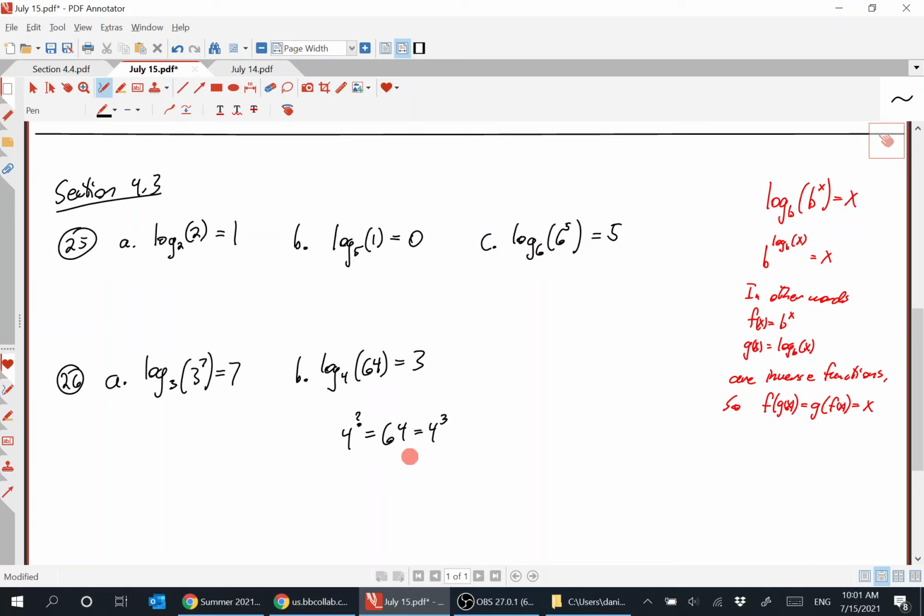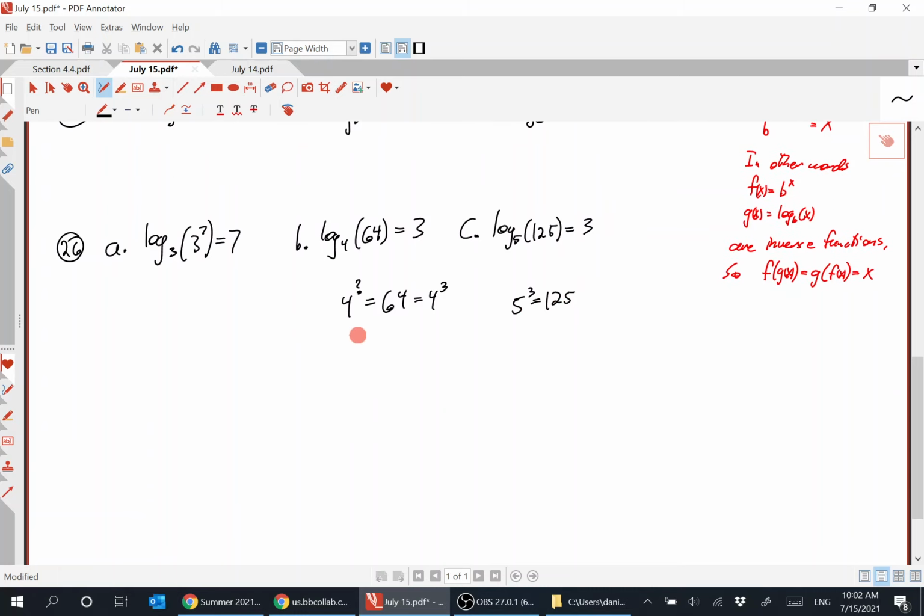So this one is 3. And then C, log base 5 of 125. Well, 125 is 5 to the third, so this is 3.